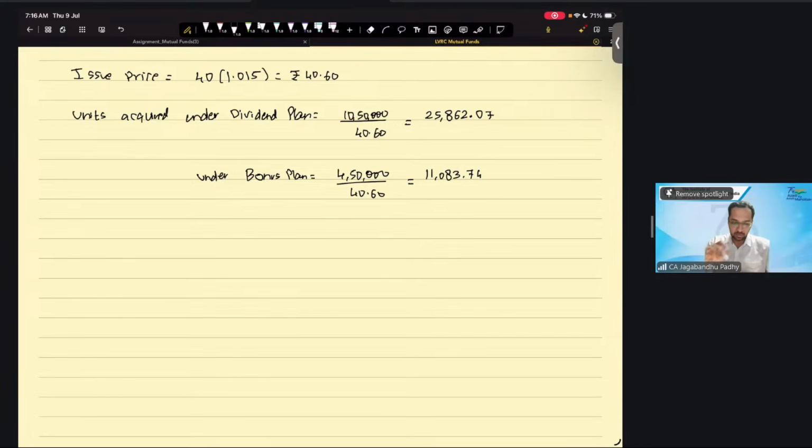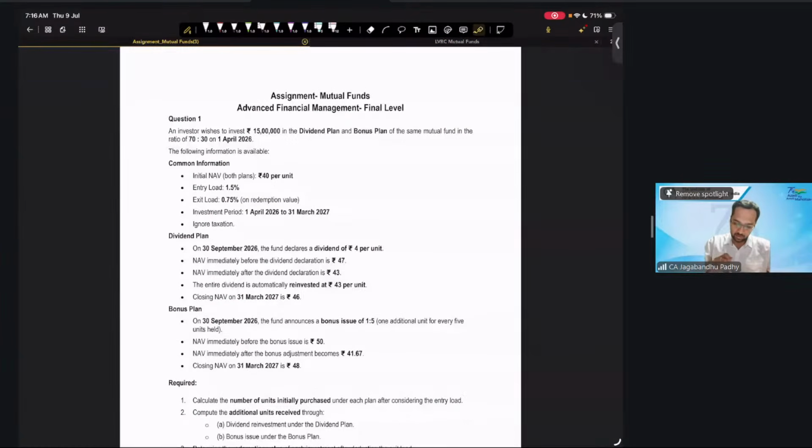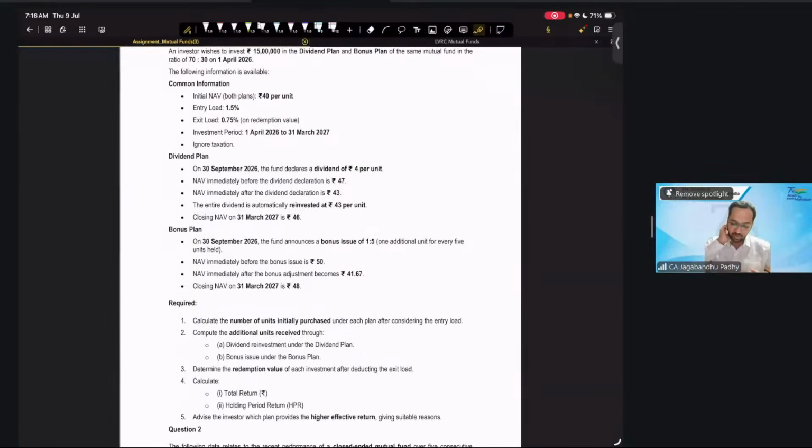Now the second thing is, we have to compute the additional units that we receive under dividend reinvestment and the bonus plan. The dividend is going to be reinvested at 43.